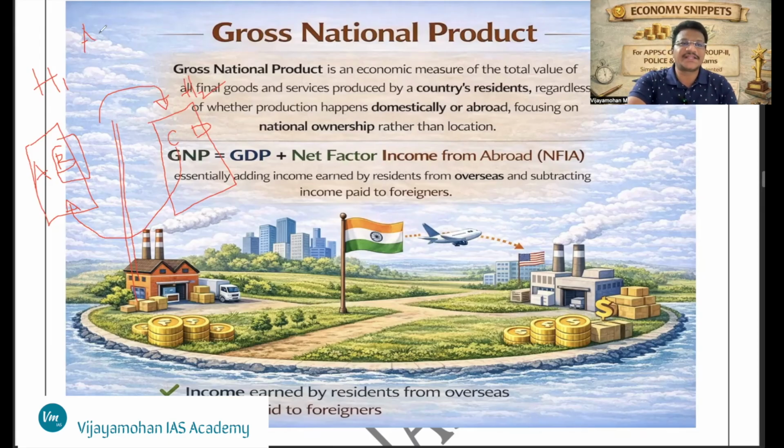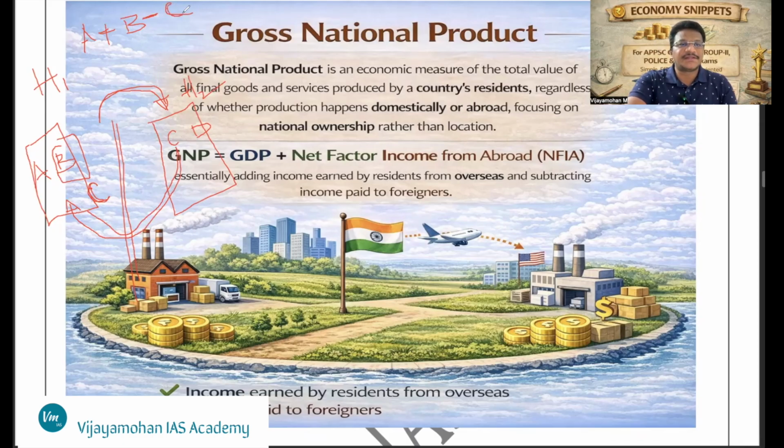You have to calculate the income being generated by A, and then the income being generated by B. Although he is in USA, he is a citizen of India, right? And from this you have to remove the income that was generated by C because he is a foreigner, right?